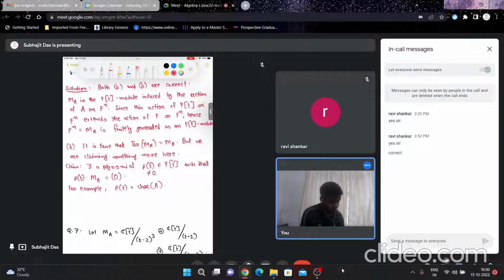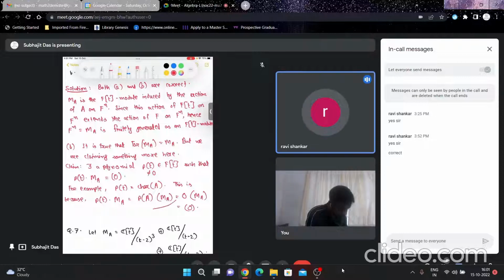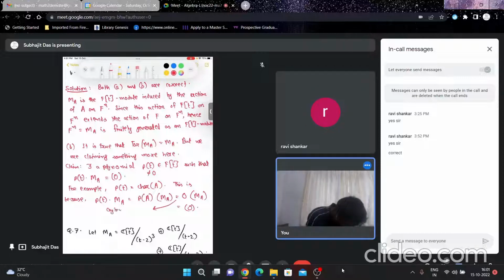Why? This is because p(t) dot M_A, what is this? By definition this is p(A) acting on M_A, but we know that the characteristic polynomial annihilates the matrix. This is what the Cayley-Hamilton theorem says. So this is the zero operator acting on M_A, so this is just 0. Okay, as simple as that. So this is where we are using the Cayley-Hamilton theorem.